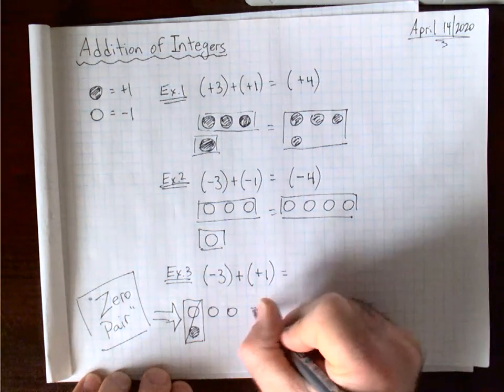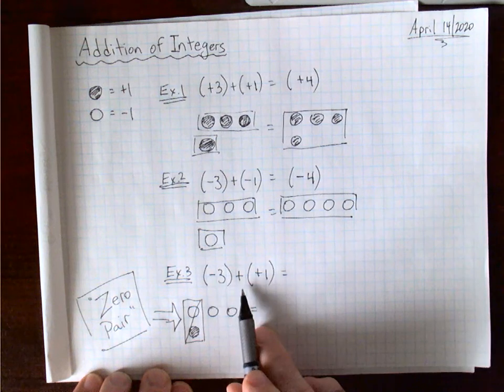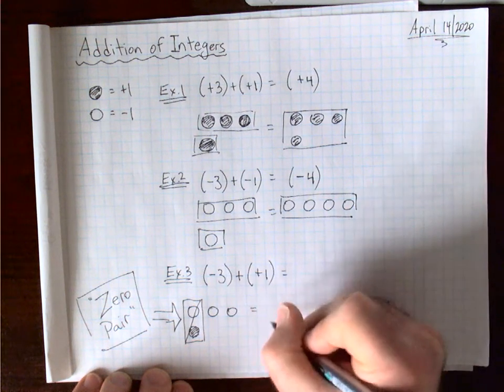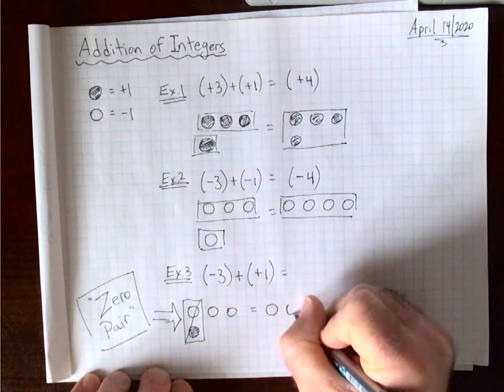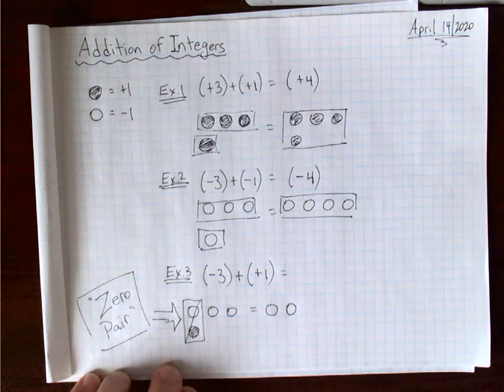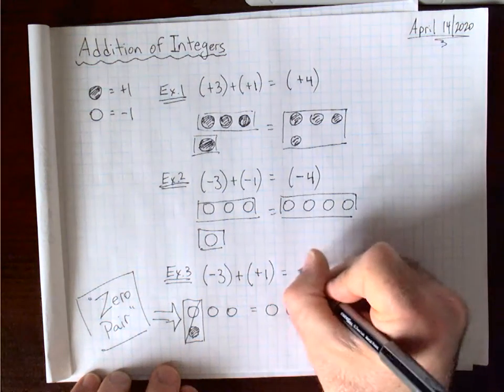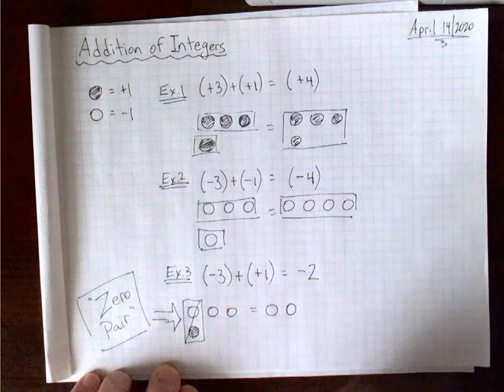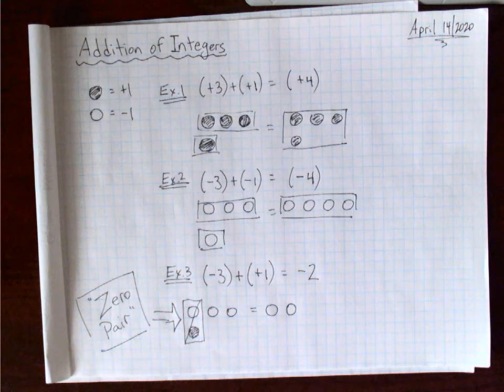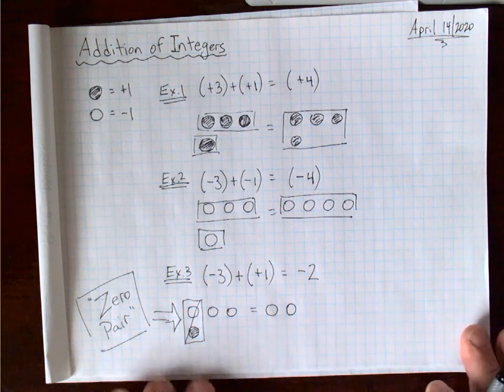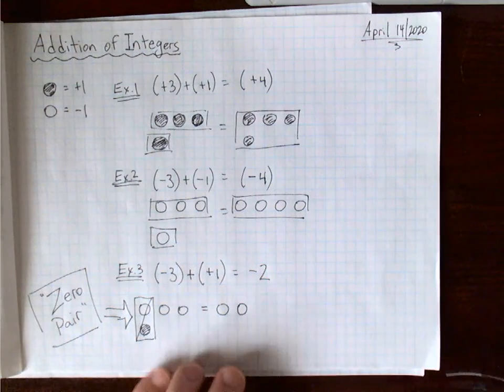So in the end, if we had 3 negatives and we combine it with a positive, we're going to have 2 negatives left over. And the answer to this one is, in fact, -2. It doesn't matter what order they come in.